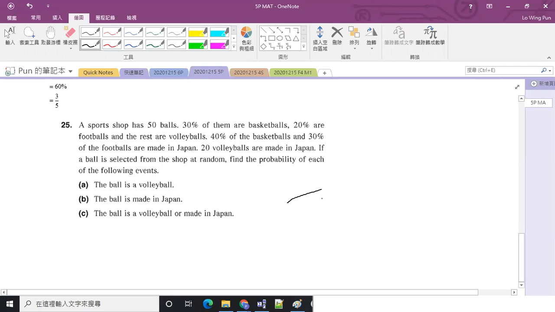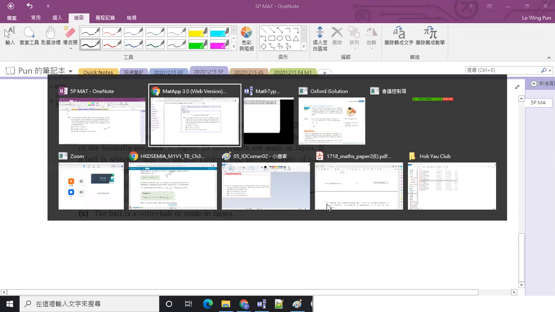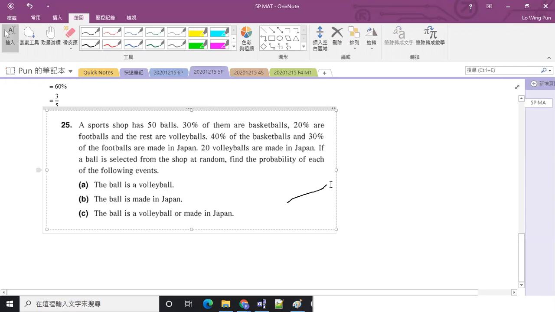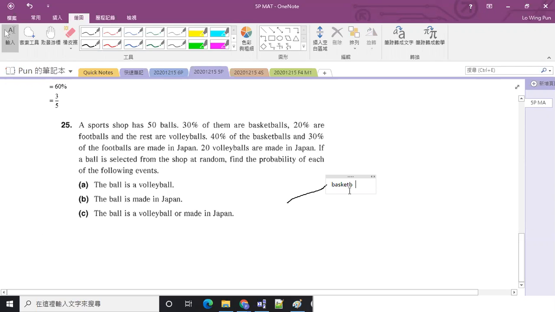Okay, the first one is basketball. Okay, and then the second one is football. And third one is volleyballs.